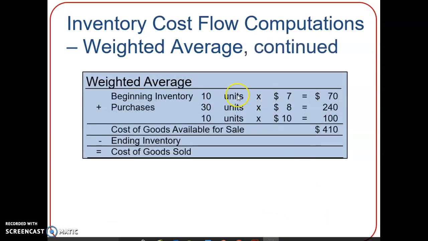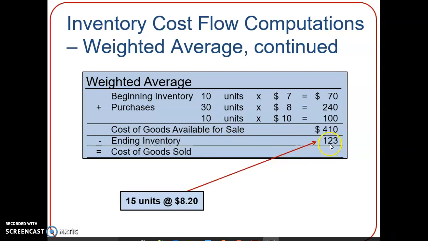Then we can go back to this table, because we know the number of units in the ending inventory, right? That's 15 times $8.20 each, that's $123.